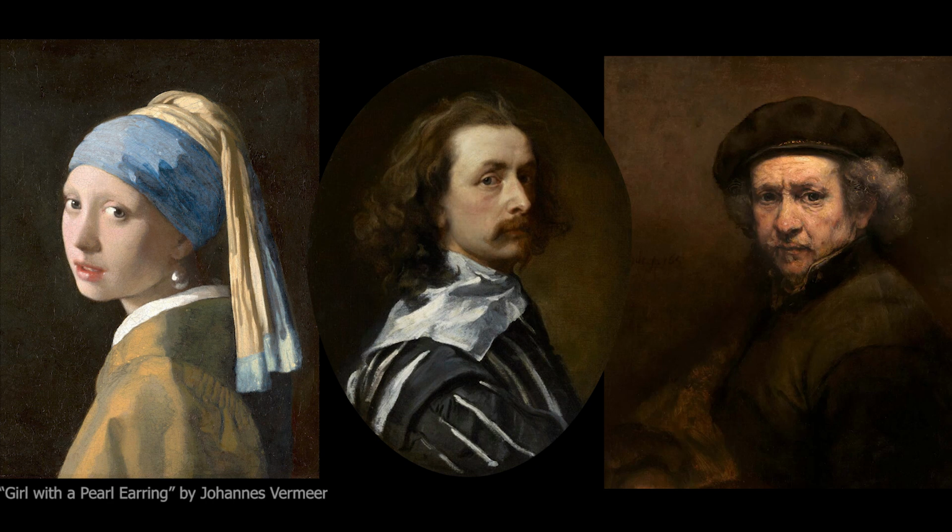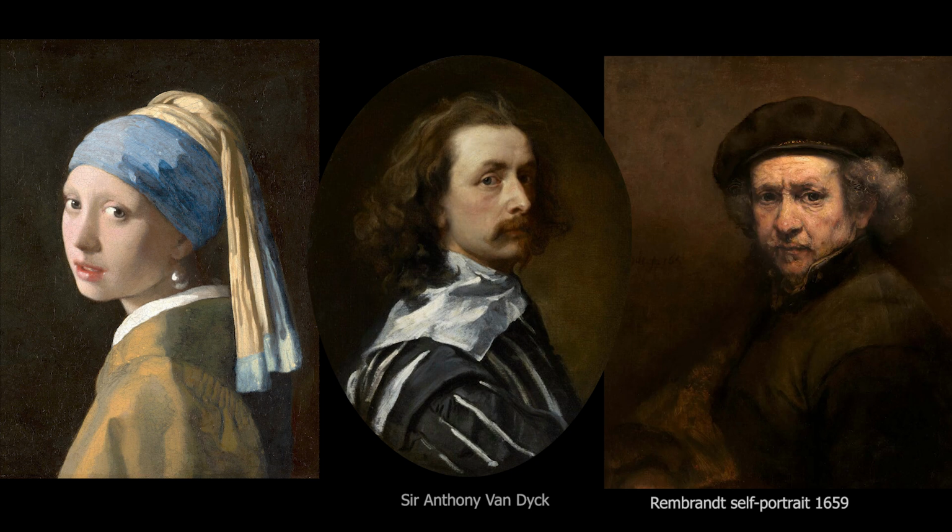We're going to take a look. On the very left is The Girl with a Pearl Earring by Johannes Vermeer, in the middle we have the self-portrait of Sir Anthony van Dyck, and we also have a self-portrait of Rembrandt himself from 1659.